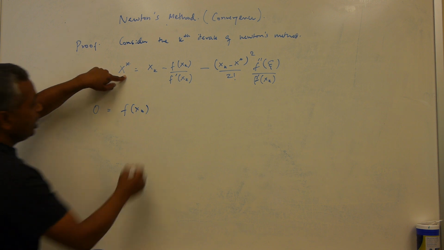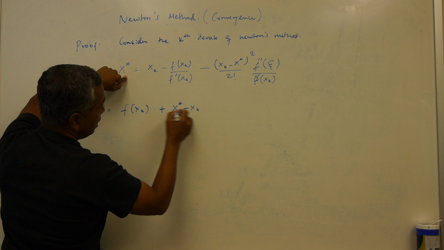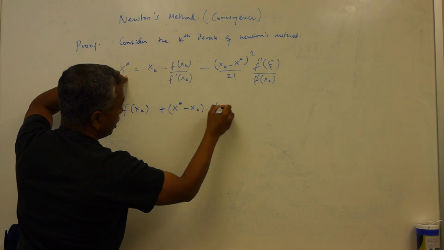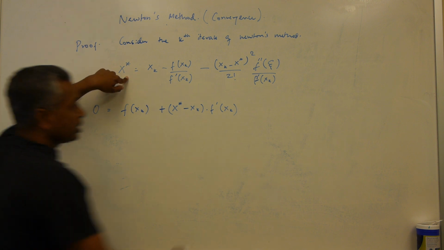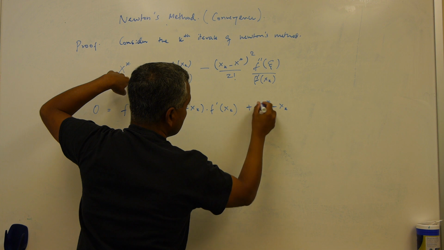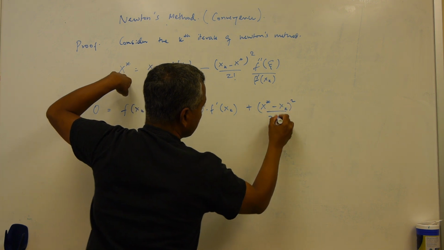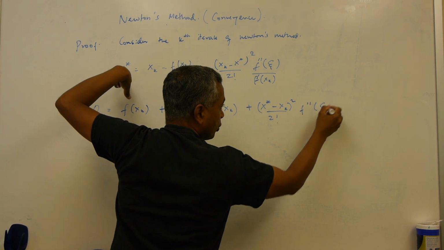plus x star minus xk times f prime of xk, plus x star minus xk whole square over 2 factorial times f double prime at a point eta.